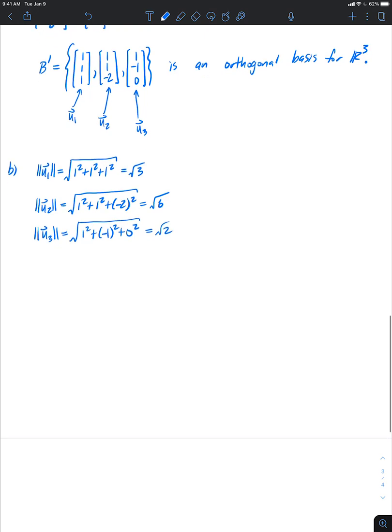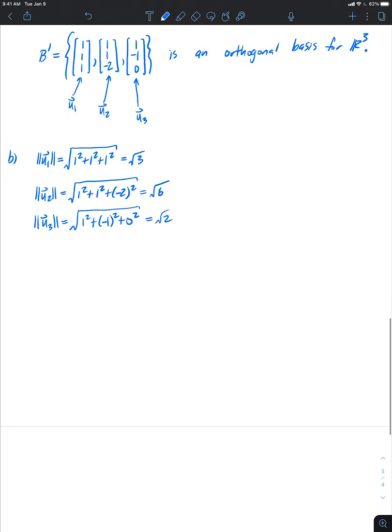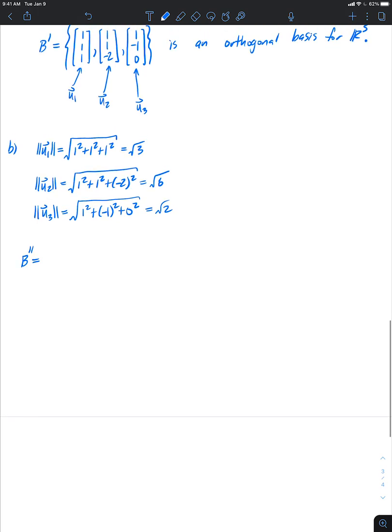So now that we have the norm of each vector, we can make a new basis. So I'll call this one B double prime now, because we're modifying the basis a second time. So here's what the vectors are. We'll take 1 over the norm of u1 times u1. So that'll be the first vector.